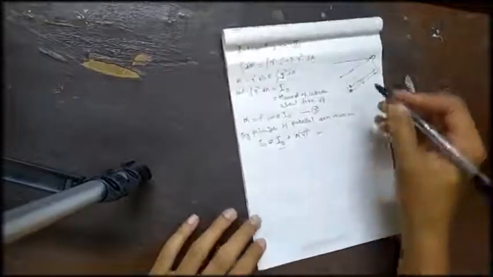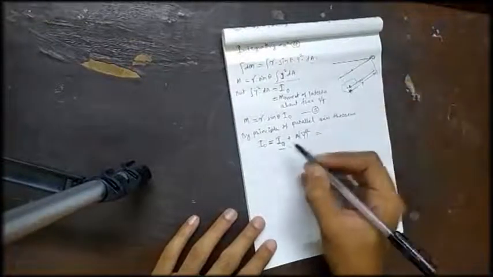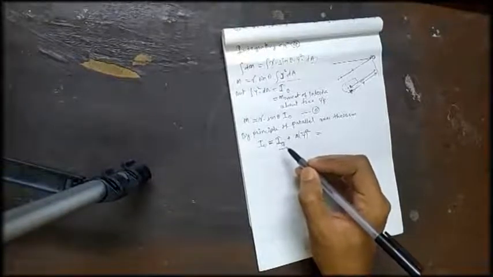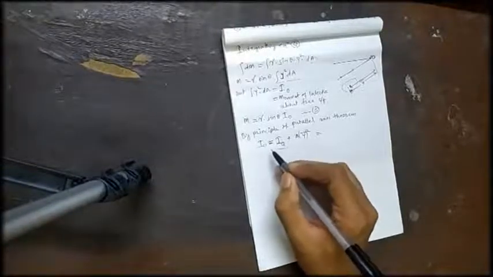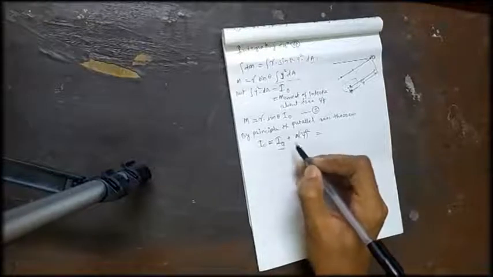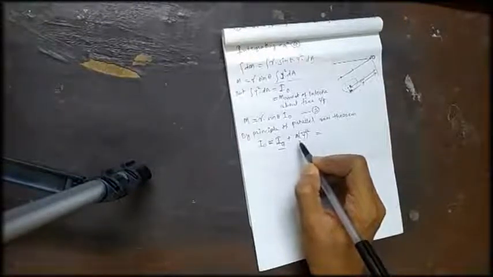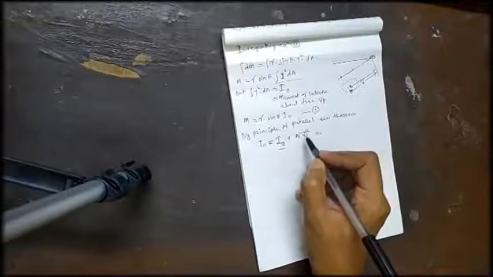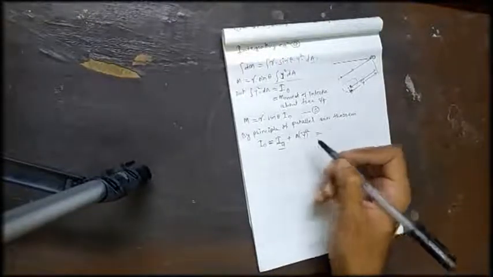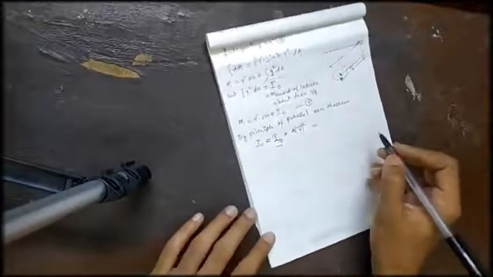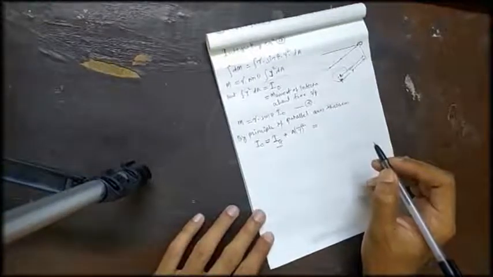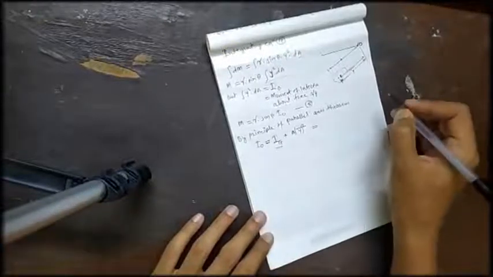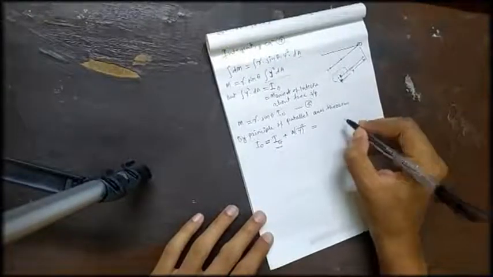So one axis is passing through this center of gravity point, and that's why we can write it as IG plus this A into y bar square, okay. So now we will solve the further derivation, but before that we must consider another diagram over here.